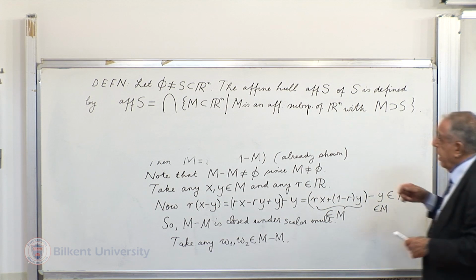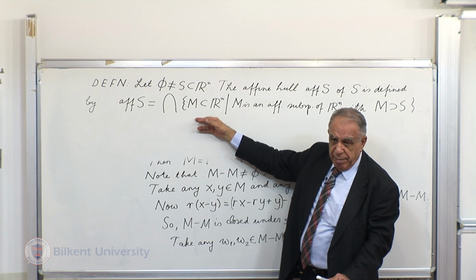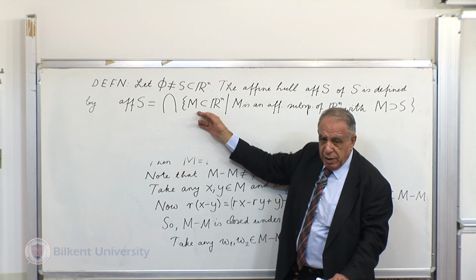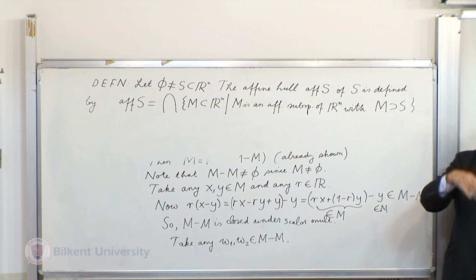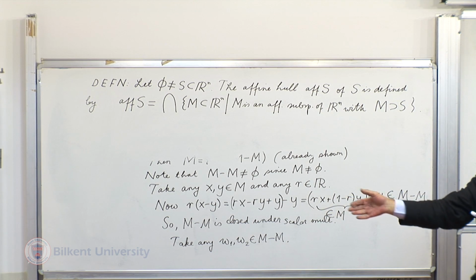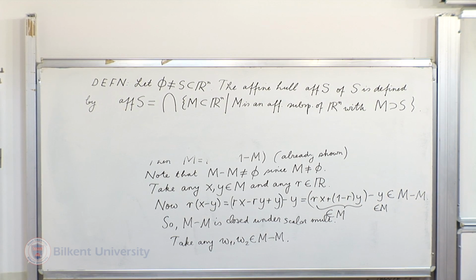Well, each member of the collection M over which the intersection is taken contains S. Thus the intersection contains S, but S is non-empty, thus the intersection is non-empty as well.